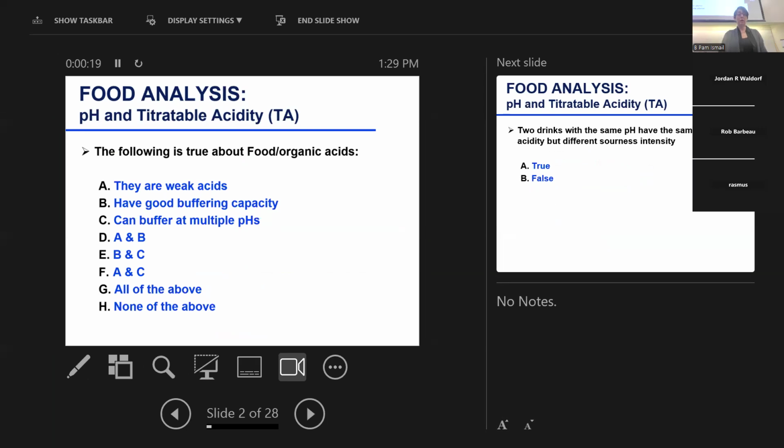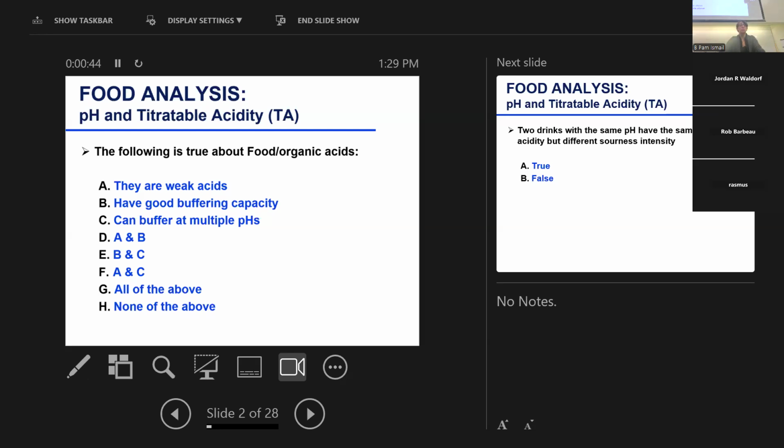I think when we talked about buffer, we had a similar question. So see if you can remember. Food organic acids, are they weak acids or really strong acids?